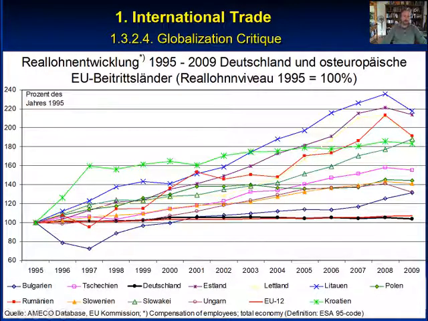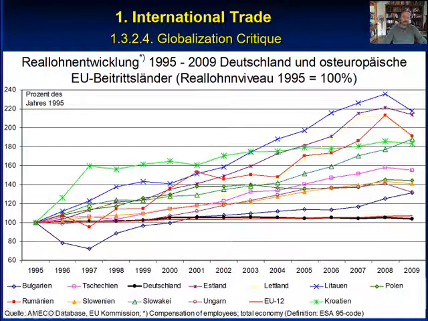This diagram compares the development of the real wages since the year 1995 for these East European countries with Germany. Germany is again represented by this black line here.